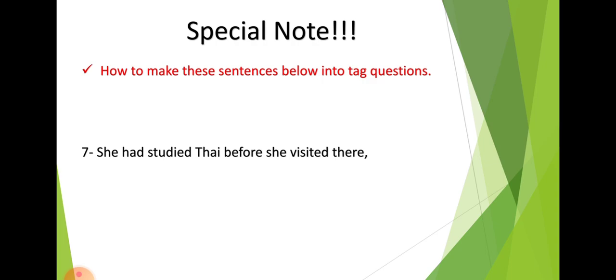So in the past perfect form, what should the tag question be? It should be "hadn't she?" Yes, "hadn't she". In perfect tenses we use the helping verb have, has, or had to form the tag question, because sentence number 7 is in the past perfect form, so we use "hadn't".